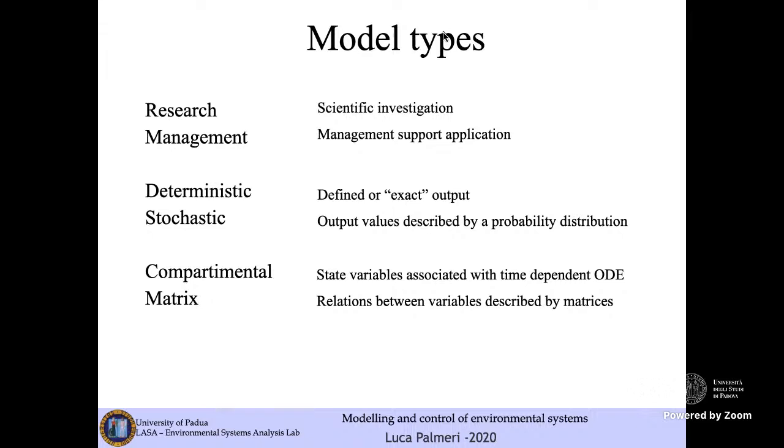On the other side, we may consider stochastic models. In this case, the output values are more precisely described by a probability distribution. So, in deterministic models, you have lines or functions. In stochastic models, you have kind of clouds of values or probability distribution.